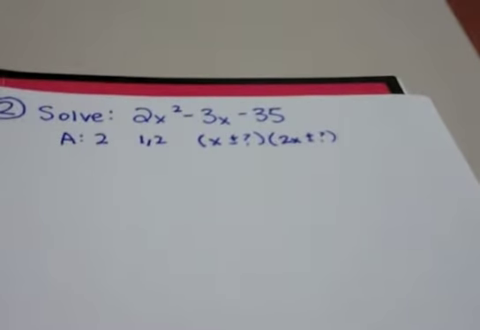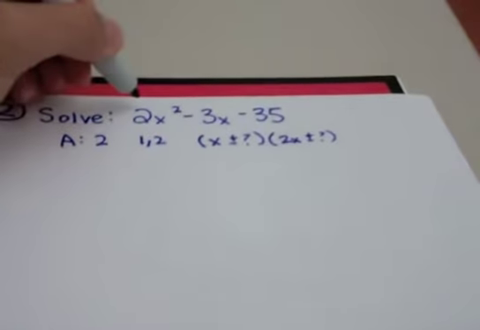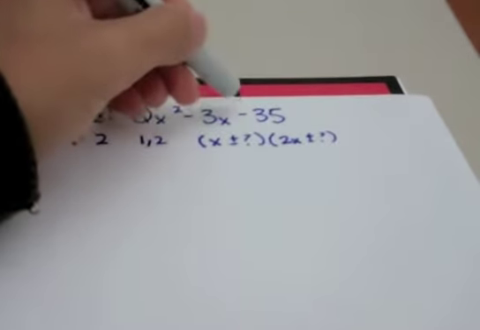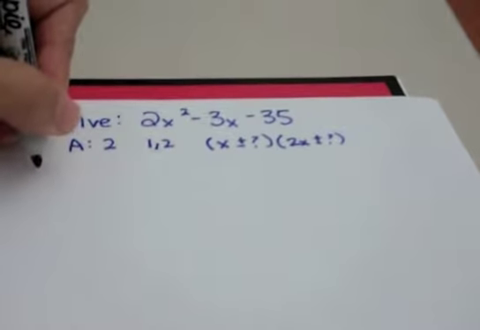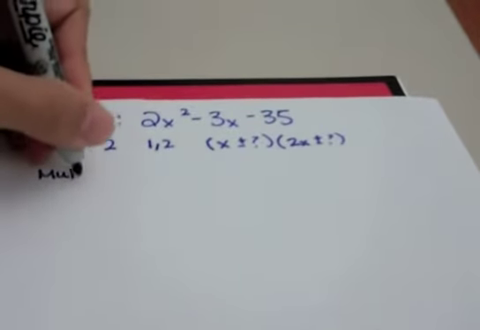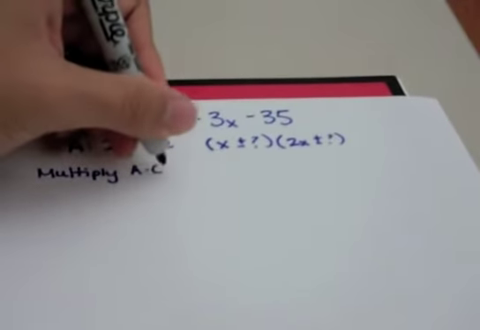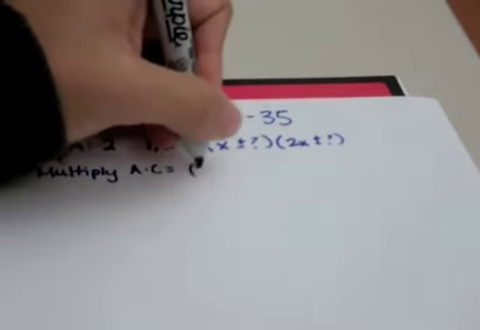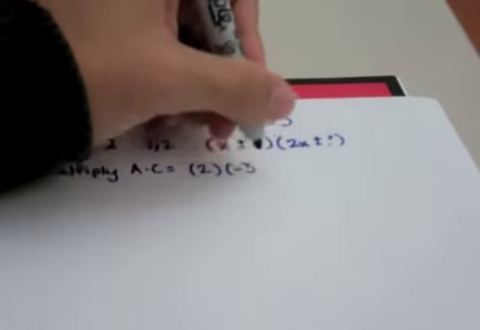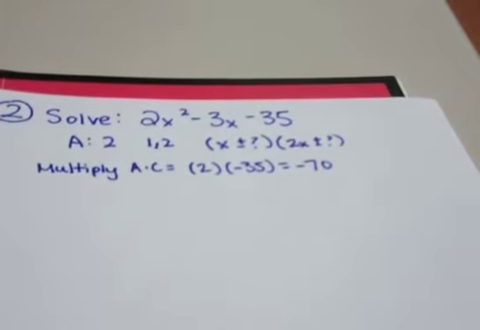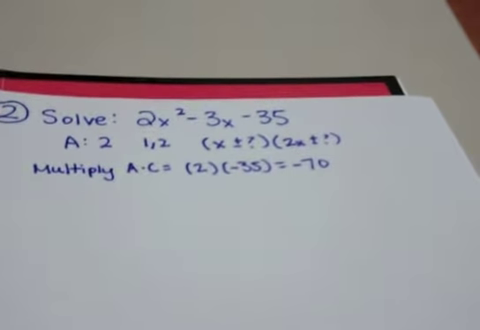The next step is to multiply our a value, which is 2, by our c value, which is negative 35. That's going to be negative 70. 2 times negative 35 is negative 70.